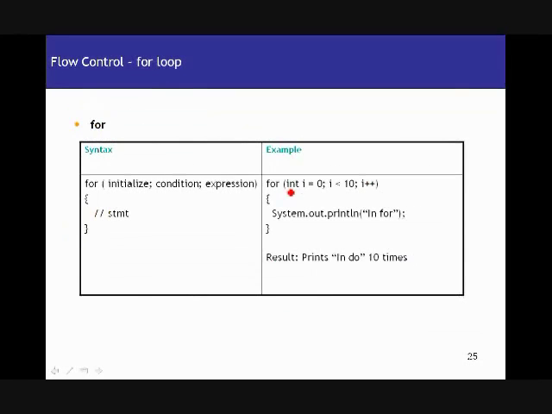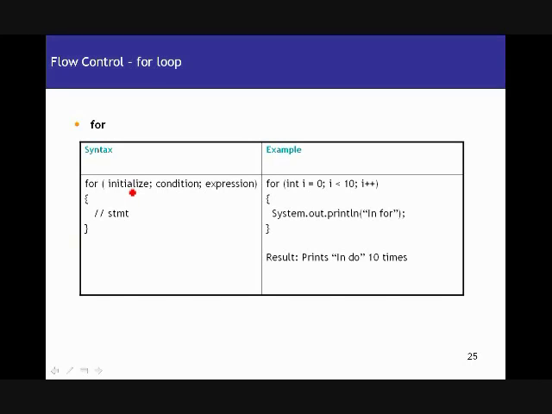The for loop is used for the same reasons you use a while loop, to execute a certain set of statements repeatedly based on some conditions. If you have a look at the syntax for the for loop, the first statement has three things in it. The first is initialize, then providing a condition, and then an expression. Most of the time what you initialize is a counter.